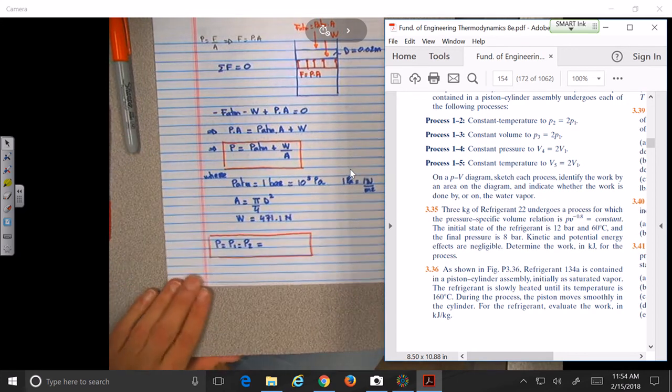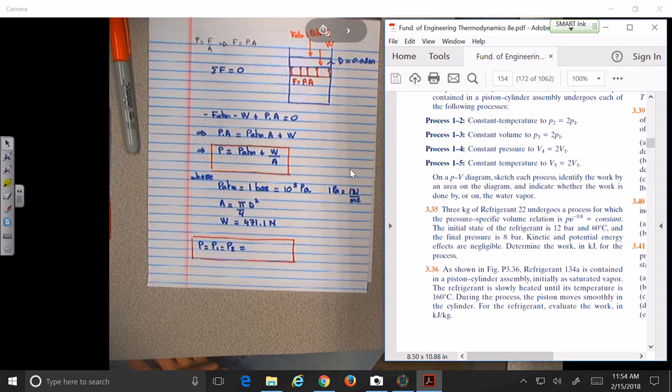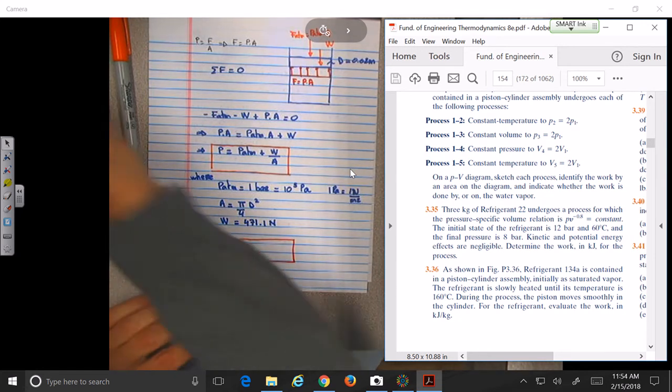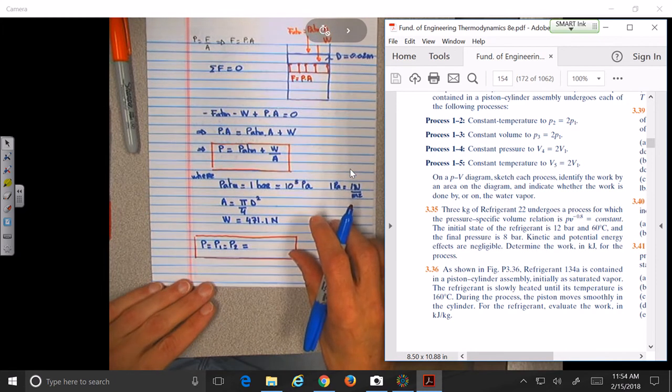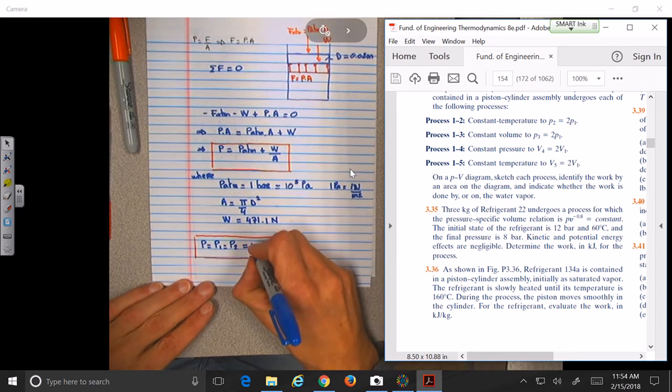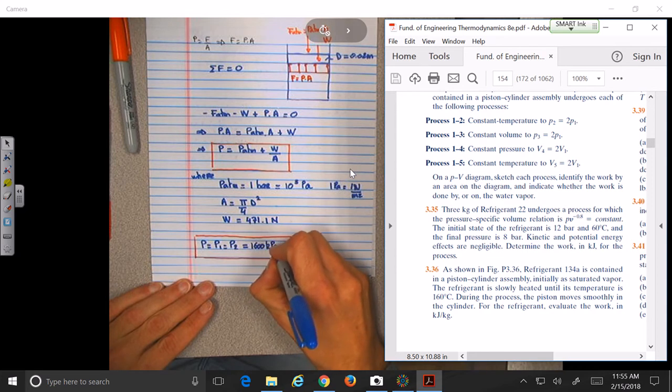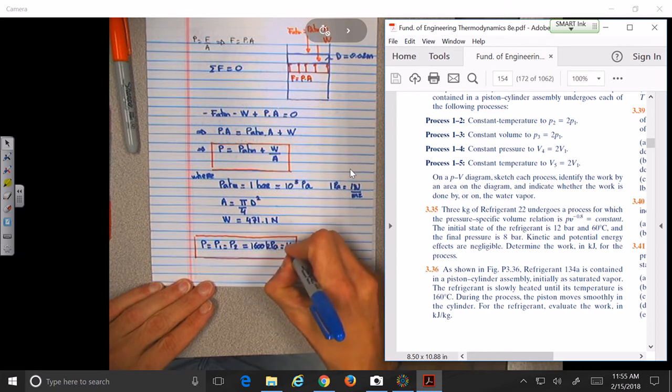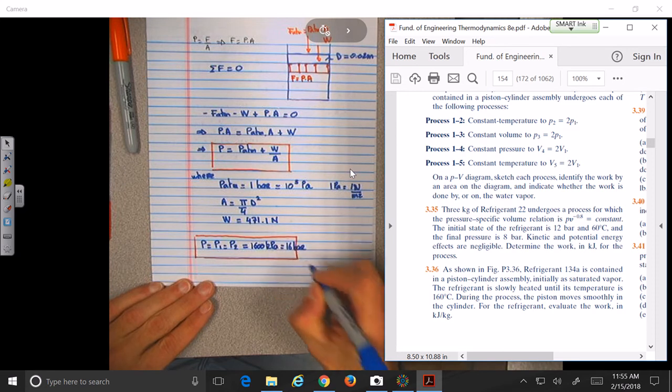What do you get? 16 bars. So 1,600 kilopascals, which is 16 bar.